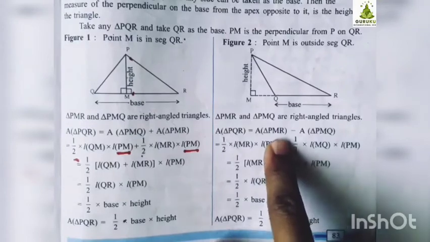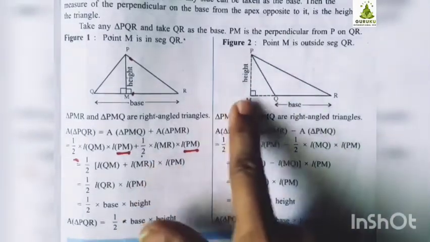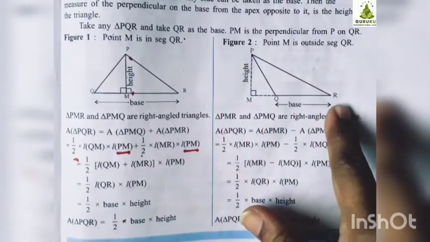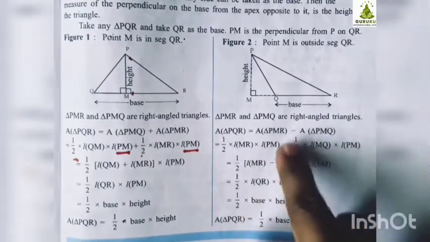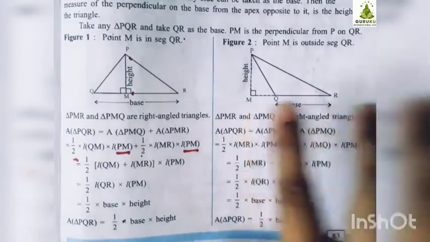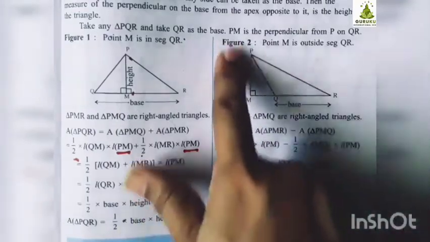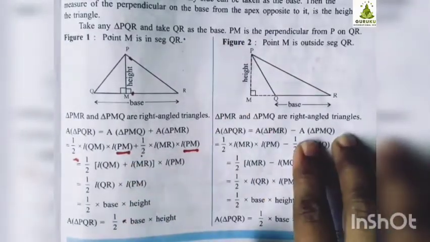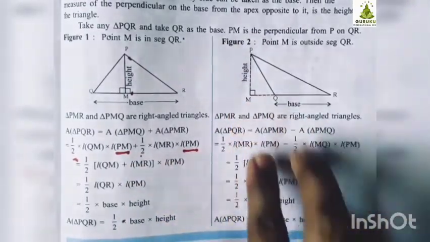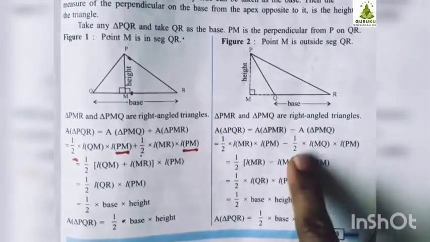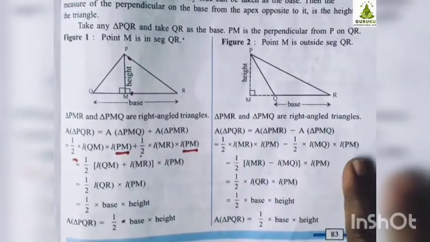So what's the formula for PMR? Half into base into height. What is the base? MR is the base. So half into MR into PM. For PMQ, which is the base? MQ. So half into MQ into PM.